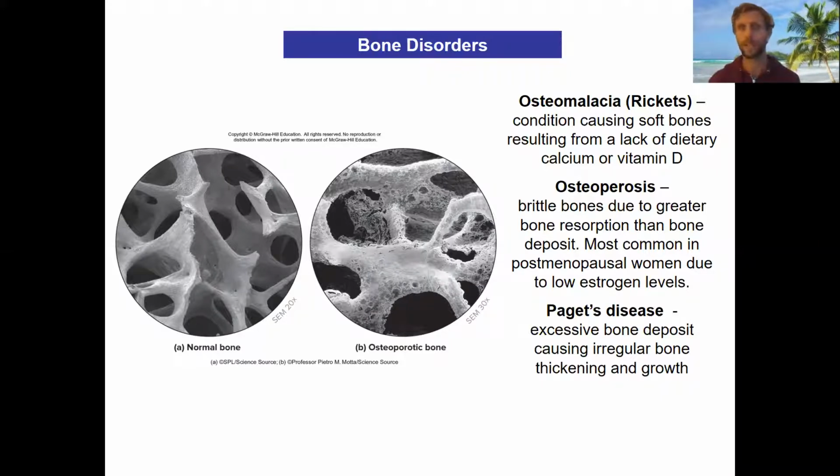Well, what might cause this? A couple of things. Because it requires calcium phosphate salts to do that calcification, a diet or an individual who has way too low levels of blood calcium would trigger this kind of condition.